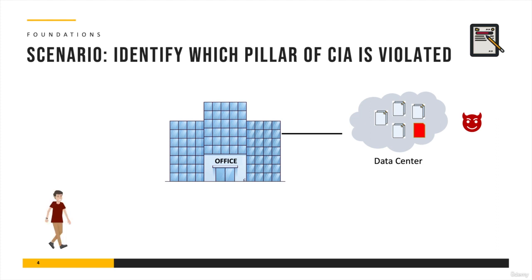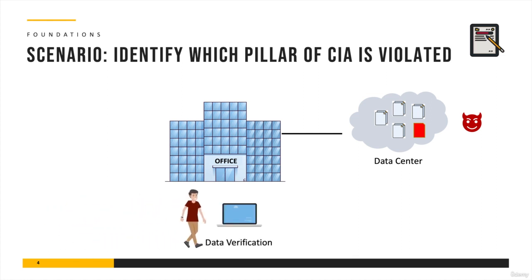In the morning, when you come and you run your daily data verification checks, it sends you an alert that there is some problem with the data. In this situation, which pillar of CIA has been violated? Is it confidentiality, integrity, or availability? I'm going to wait a couple of seconds.